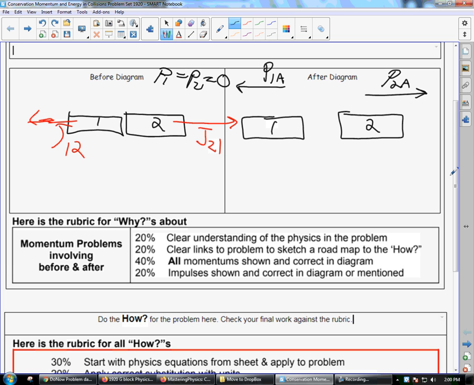No, that would be a velocity. So how did you calculate the joules? There are no joules. Joules would be J if it was a unit. This is J as a variable. I thought that was 12 and 21. No, that's saying the impulse on canoe 2 caused by canoe 1, and the impulse on canoe 1 caused by canoe 2.